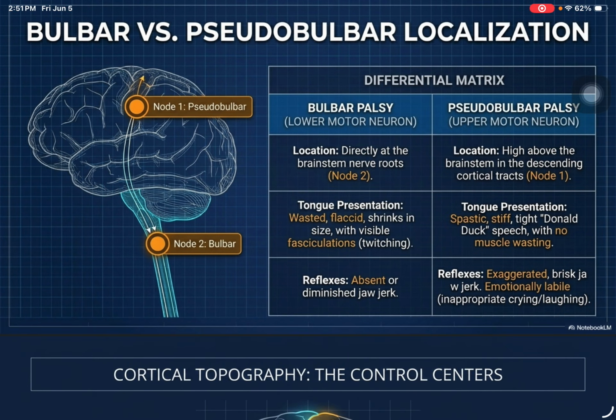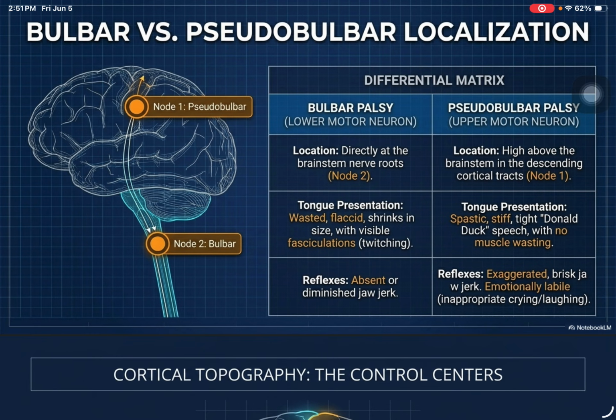Here we can see the location of the bulbar palsy and pseudobulbar palsy. Bulbar palsy means a lesion in the brain stem, and pseudobulbar is above the brain stem. Bulbar palsy is a lower motor neuron type palsy. So here there is tongue fasciculation and wasting, a flaccid tongue, and reflexes absent or diminished.